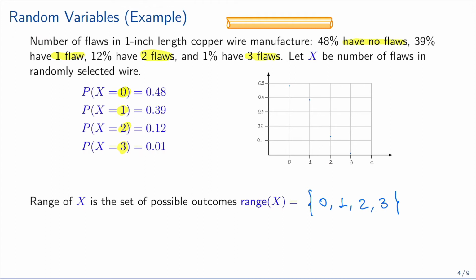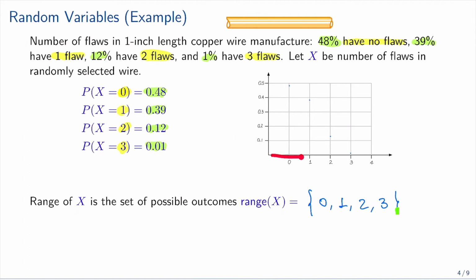Now, the probabilities are given by the percentage of flaws that we found. So in the no flaws case, we have 48%, so the probability is 0.48, 39% in the second case, 12%, and 1%. We can plot these probabilities.